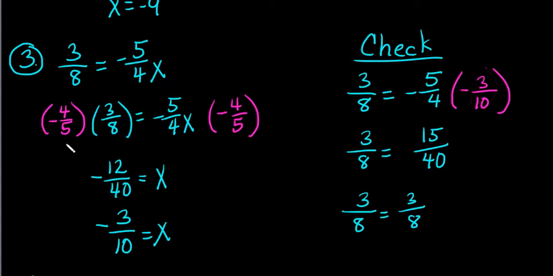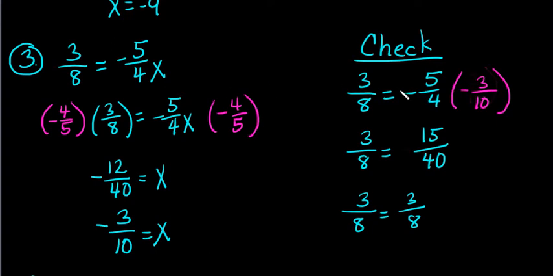So when I multiply the left hand side by negative 4/5, I get negative 12/40 equals x, and that can reduce down to negative 3/10. And like always, I can check that very quickly by putting negative 3/10 in for x right here.